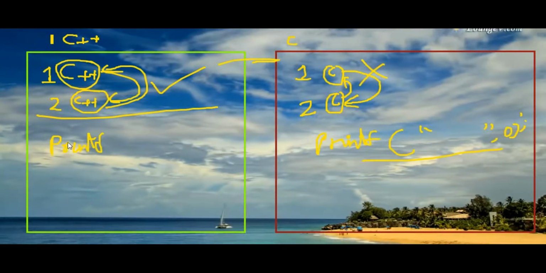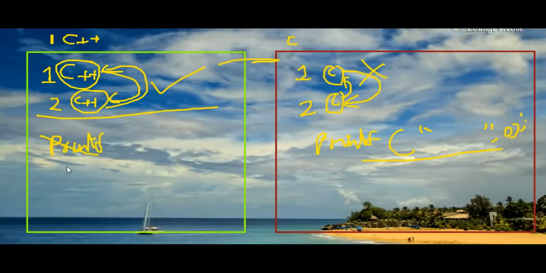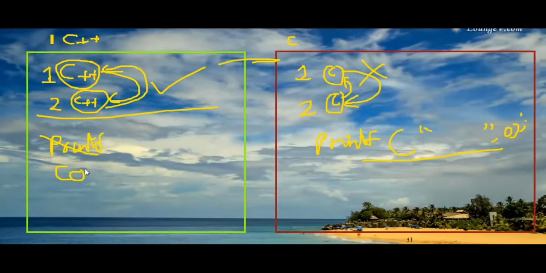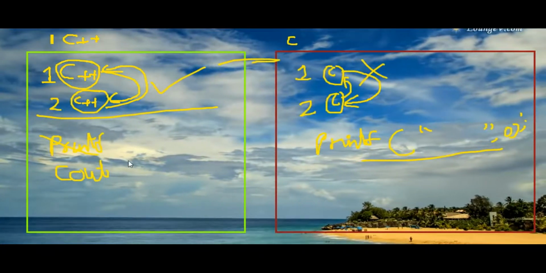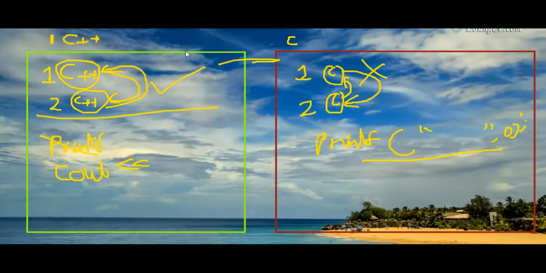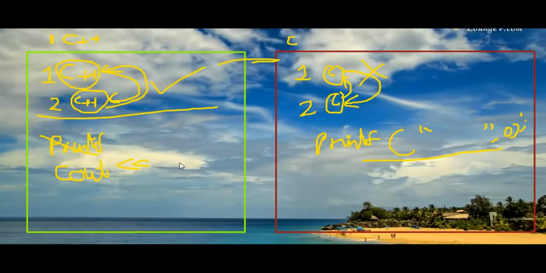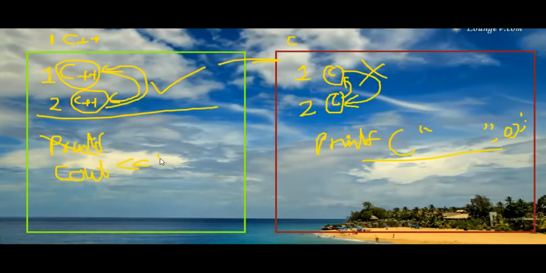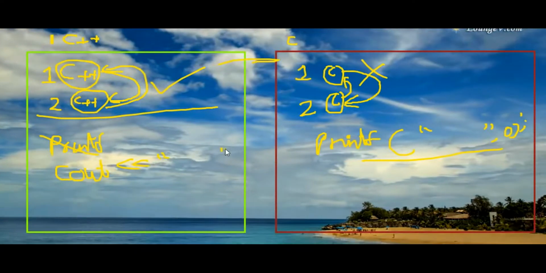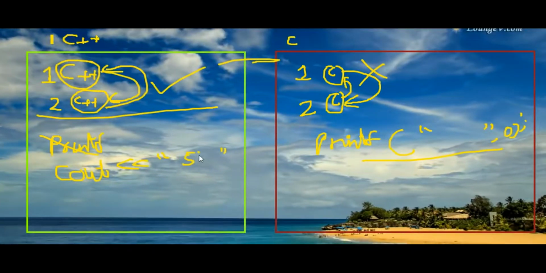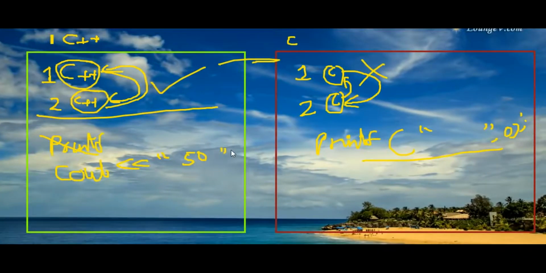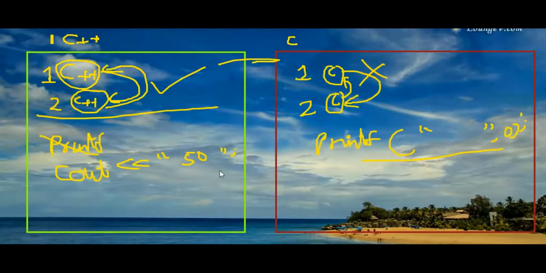Now over here you cannot use printf. For that you can use cout with the less than signs. Then, if you want to print the value 50, you can do this and end with this.